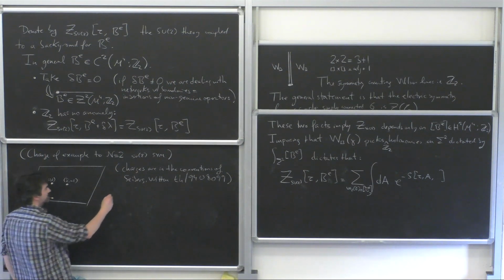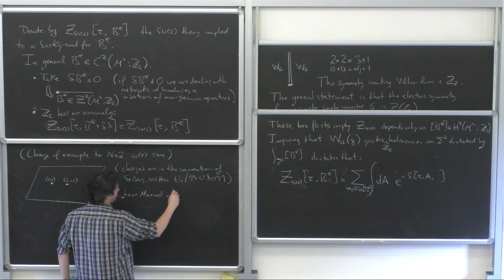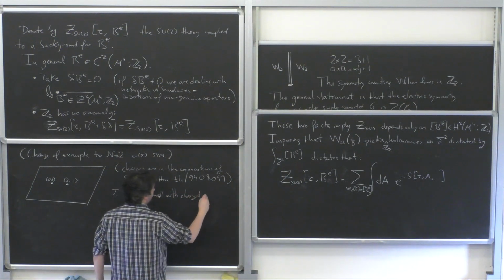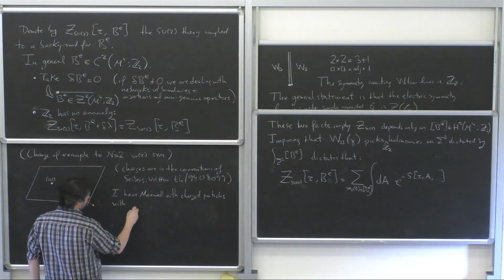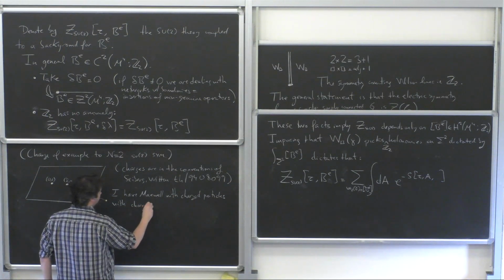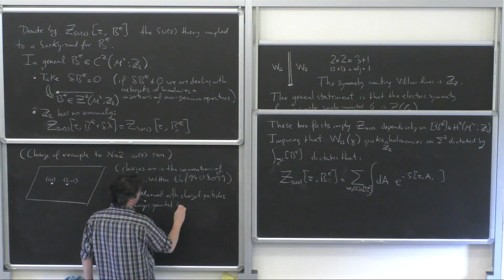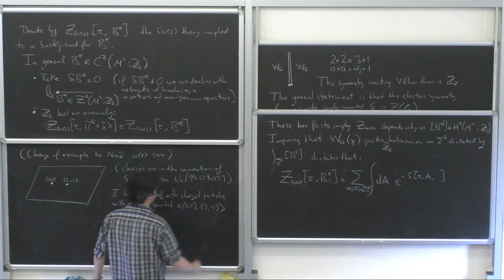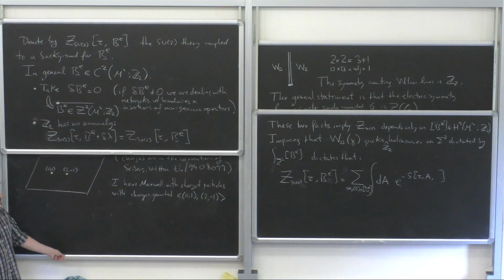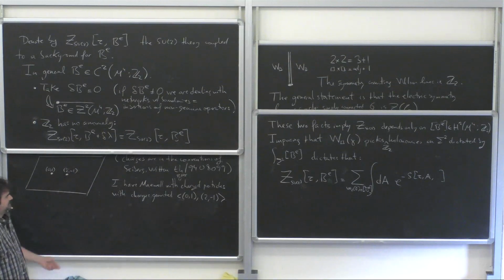So I have a Maxwell theory with charged particles, with charges generated by a combination of these two. In the notation I used yesterday, combinations of (0,1) and (2,-1). Any BPS particle in this theory is generated out of these two by taking bound states.